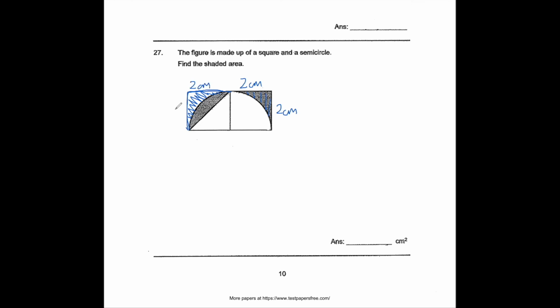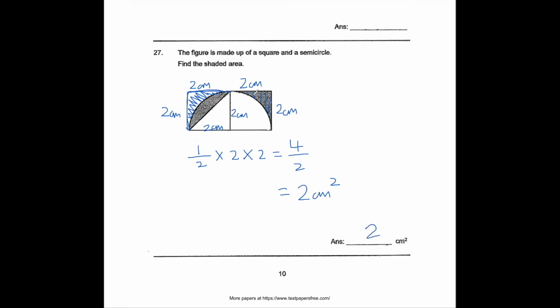So this is 2 cm and this is also 2 cm, because my radius is 2 cm, the same semicircle, my radius is 2 cm. So area of a triangle is half times base, which is 2, times my height, which is 2, which is 4 over 2, which equals 2 cm square. So this is how I find 2 cm square.